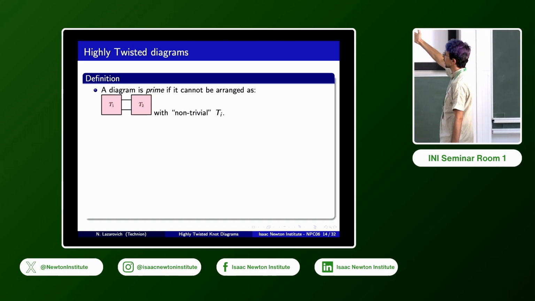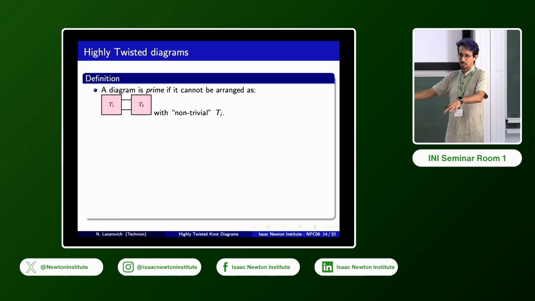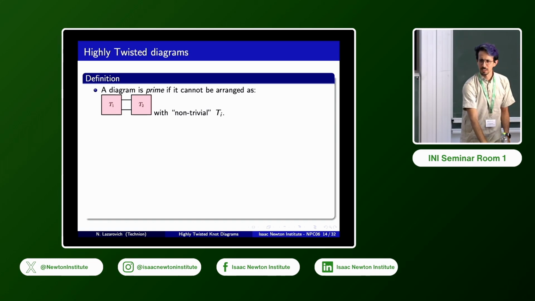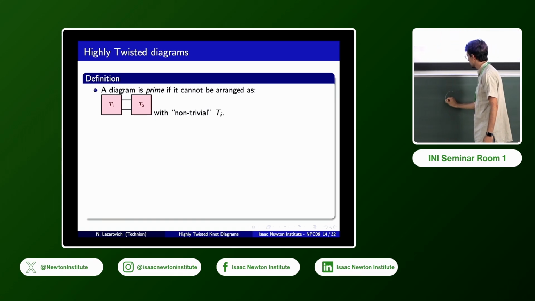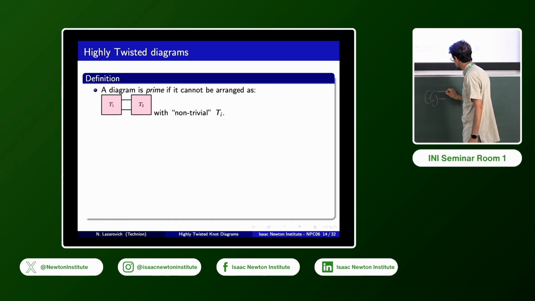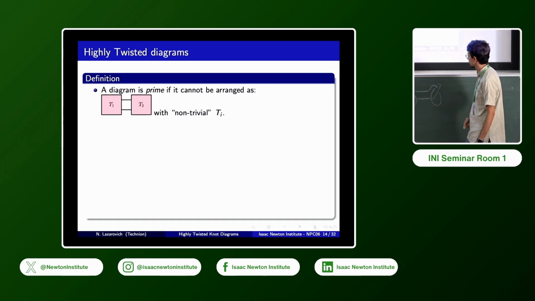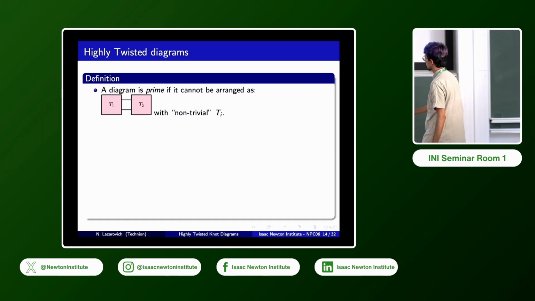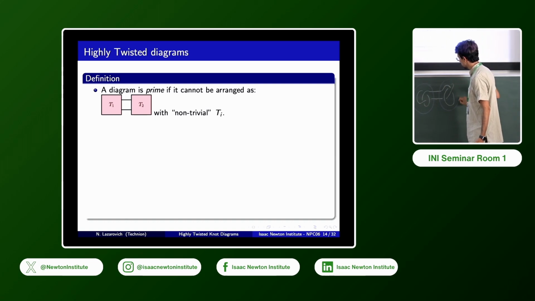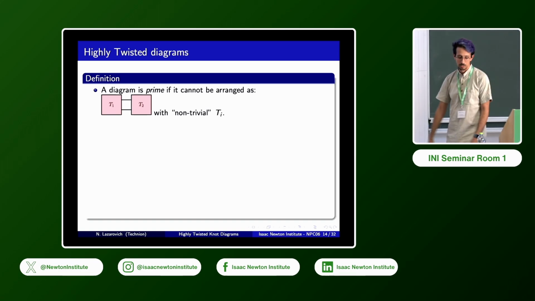A diagram is prime unless you can separate the diagram itself into two non-trivial diagrams along two strands. Is it clear? So this is not prime because I can separate it into two non-trivial subdiagrams that are connected by two strands.